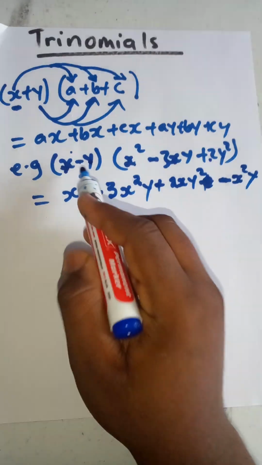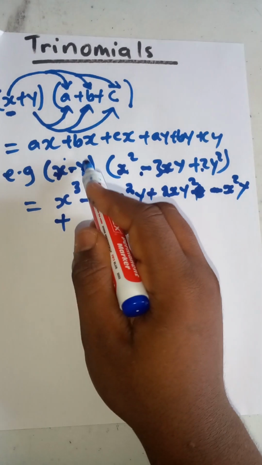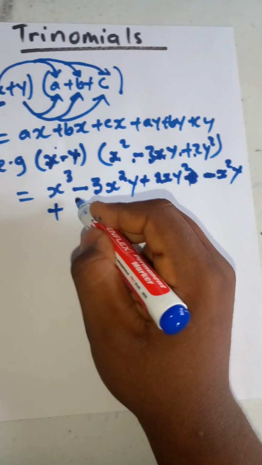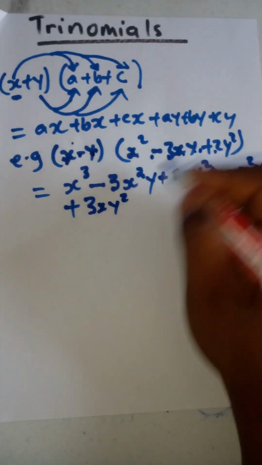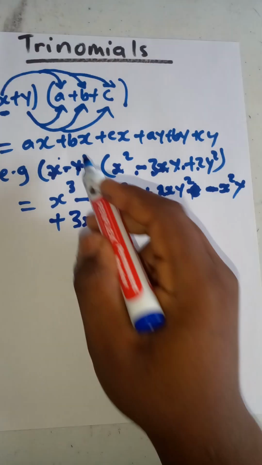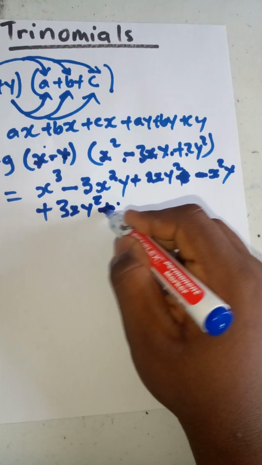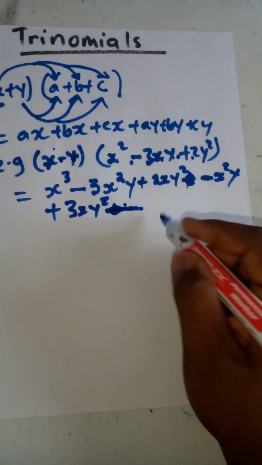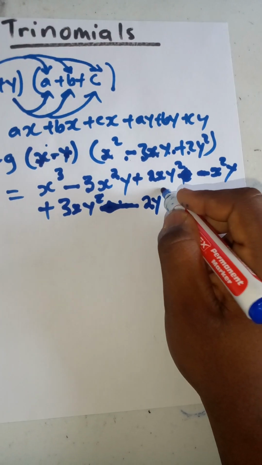Is it fine? Then I have a negative and a negative, meaning that I'll get a positive. And then y times 3xy, this will be 3x and then y squared, because y times y, it is what? y squared. Negative y times positive 2y squared, negative times a positive is a negative, meaning that it will be a negative 2y cubed.